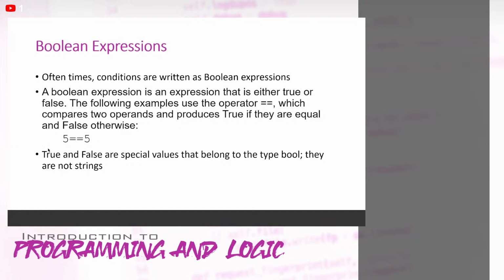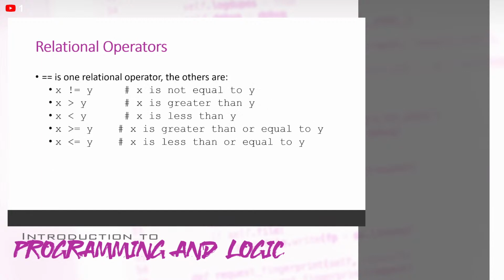Right, so equals here is one of our relational operators. And so we have these different relational operators to show whether or not something is true or false. Right, so we could say x is not equal to y.